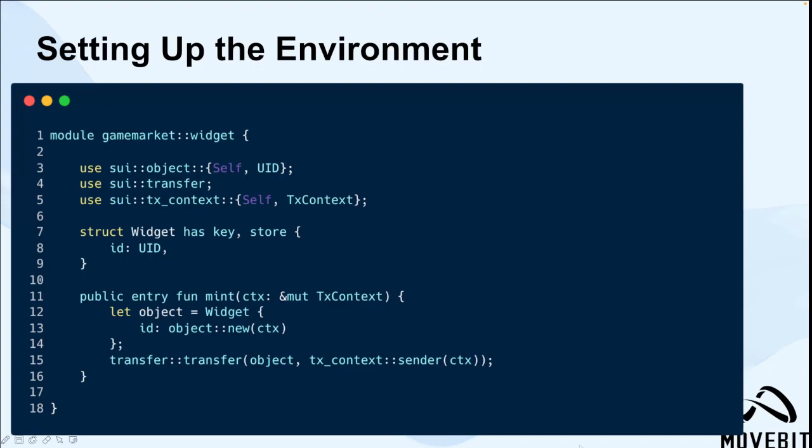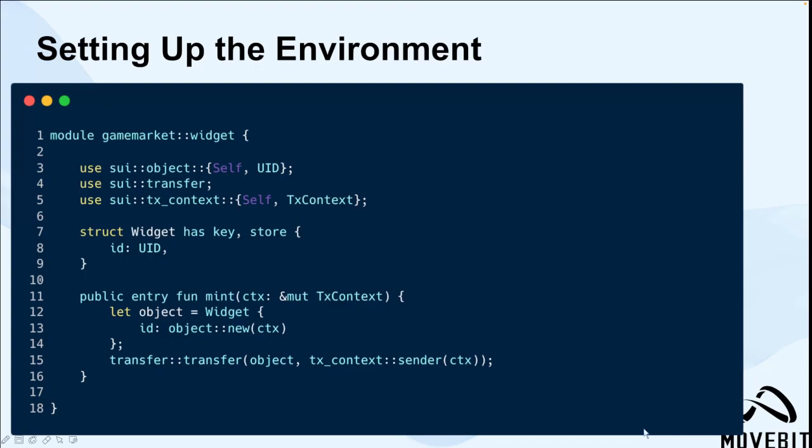This module defines a simple widget structure and a main function for creating new widget objects on the blockchain. Widget is a structure that represents a widget in the game market. It has a unique identifier here. And mint is a public function that creates a new widget object and transfers it to the sender of the transaction.